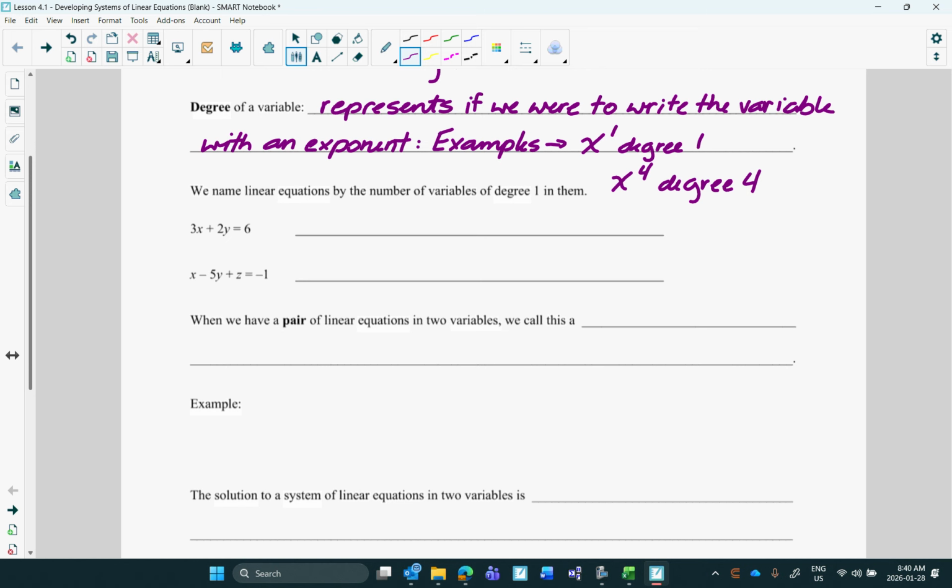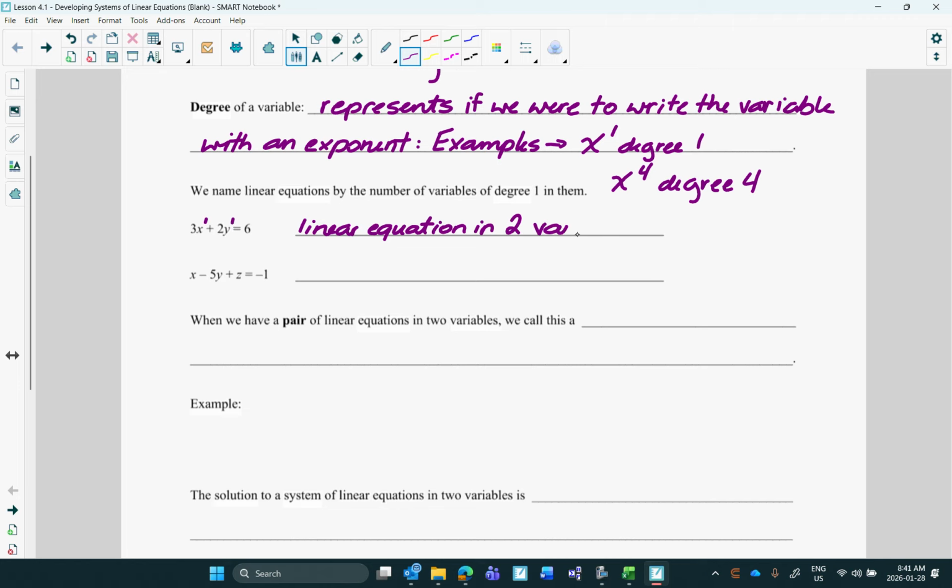We can have equations with more than one variable. So this we would call a linear equation because the exponents attached to the variables are each one. We would say that this is a linear equation in two variables.